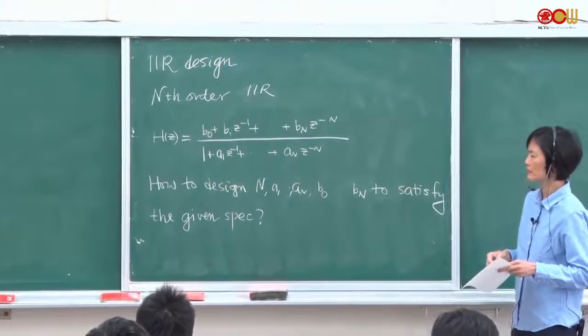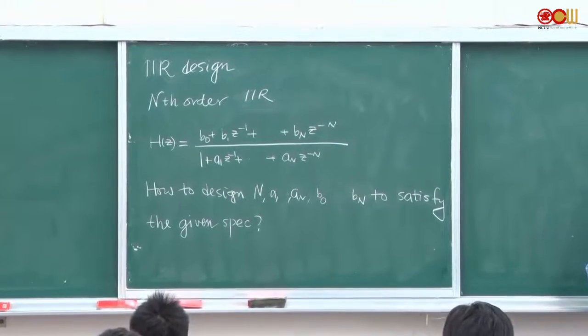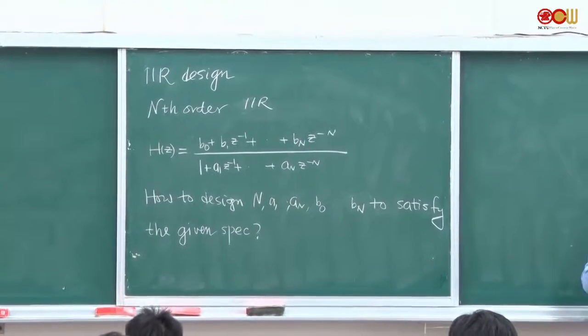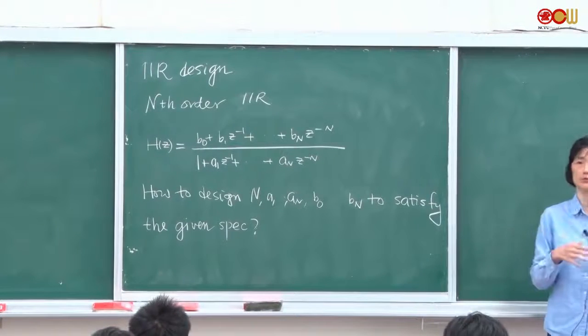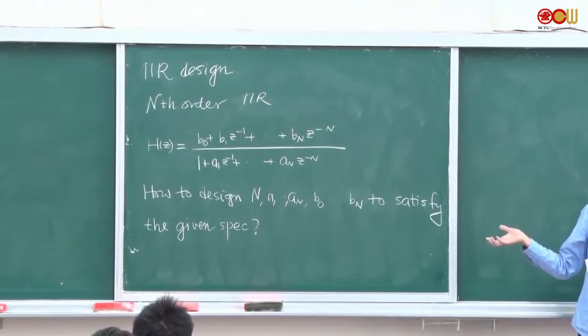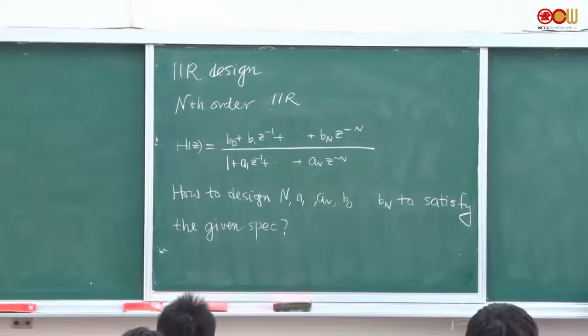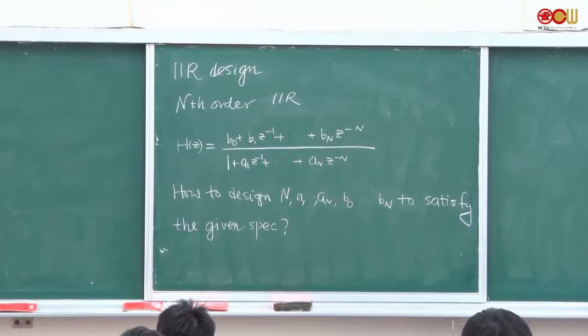So they thought that maybe if we can transform the analog filter to a digital filter, then we can design the digital filter. Different transformations have been proposed to design digital IIR filters.